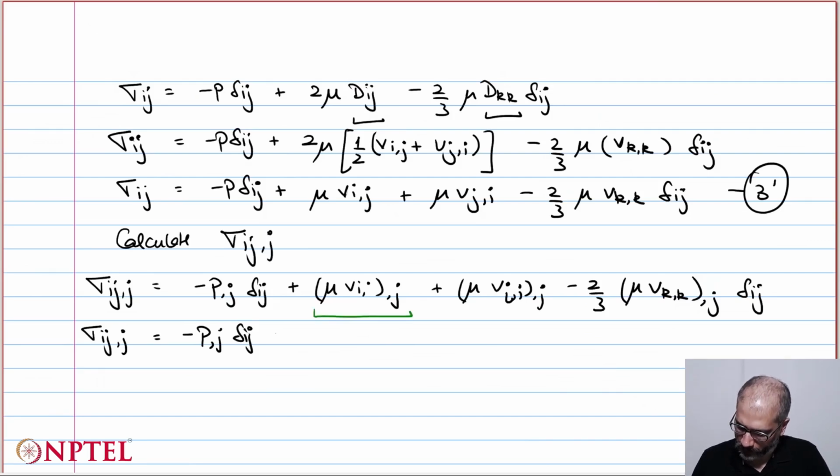So using product rule, we can write that as mu comma j times v i comma j plus mu times v i comma jj. You can see that using index notation, tensor calculus is becoming very easy. And then we have this term, which again we apply the product rule.